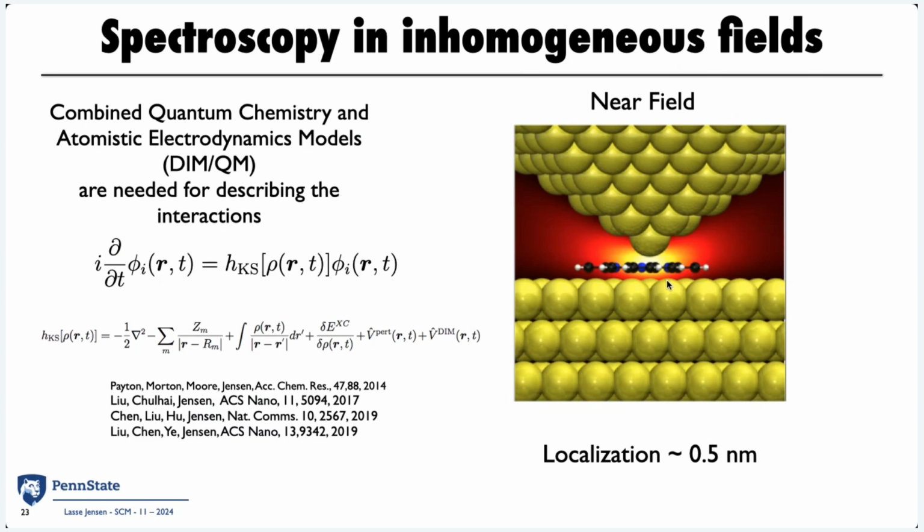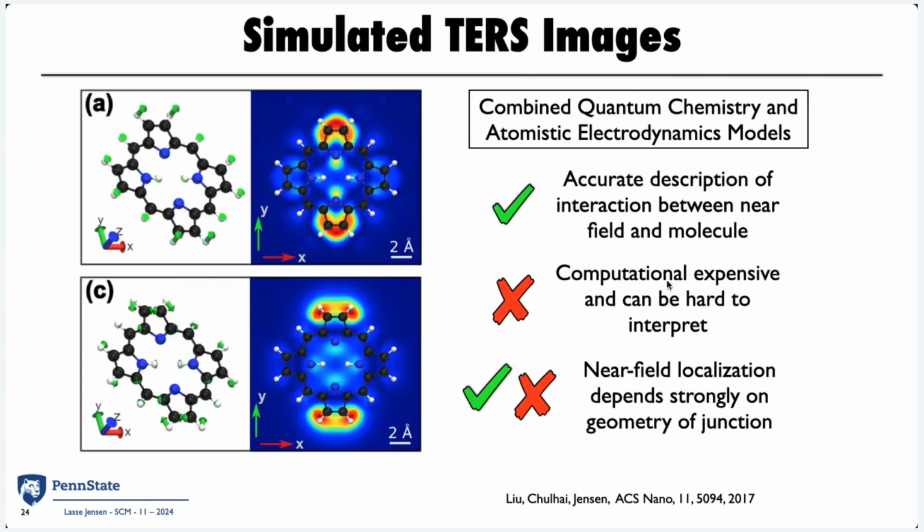And this is in fact what we have done and demonstrated that you can do. The advantage of this DIM-QM is that as long as you define your geometry, the rest is just scanning over the molecule and generating these images, which means you have an actual description of the interactions between the near field and the molecule.